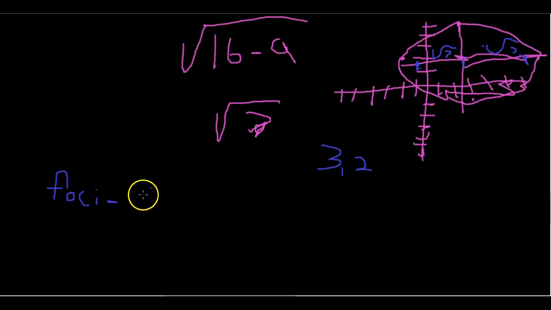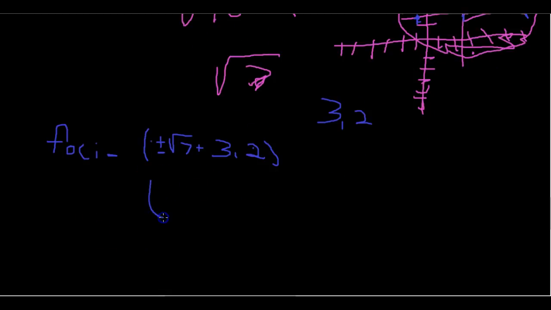So what we can just do here is put this in parentheses, and if you're lazy, you can put plus or minus square root 7 plus 3, 2.